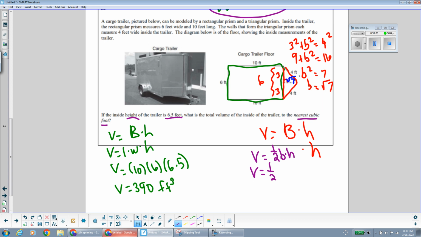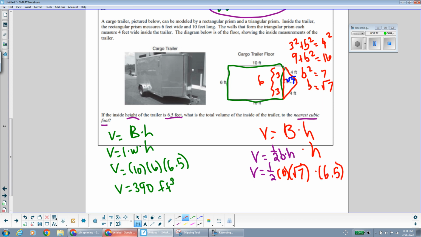In the triangle, the base is 6. The whole base is 6. And the height of the triangle is radical 7. And then we still need to multiply by the height throughout the whole trailer. And the height of the whole trailer throughout is given as 6.5 feet.